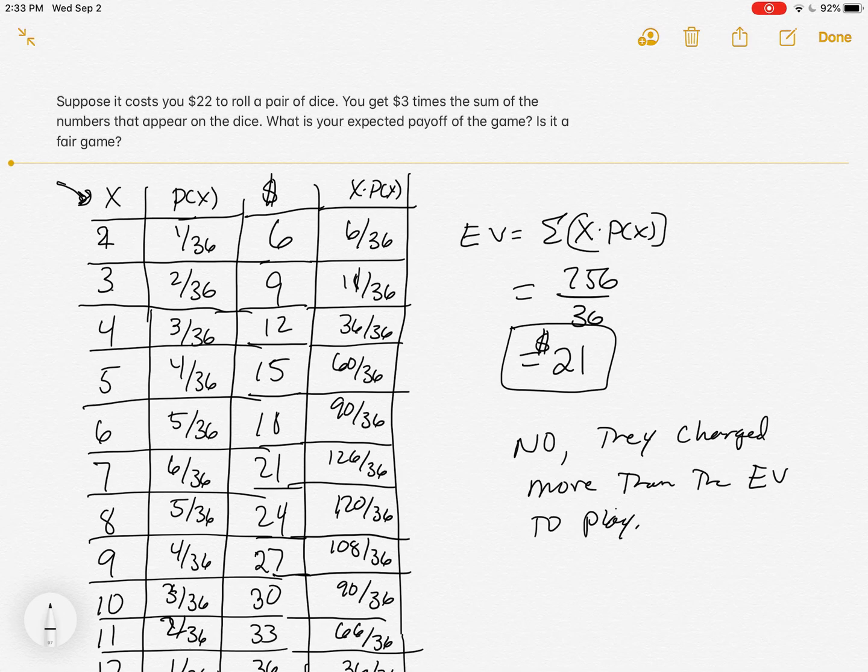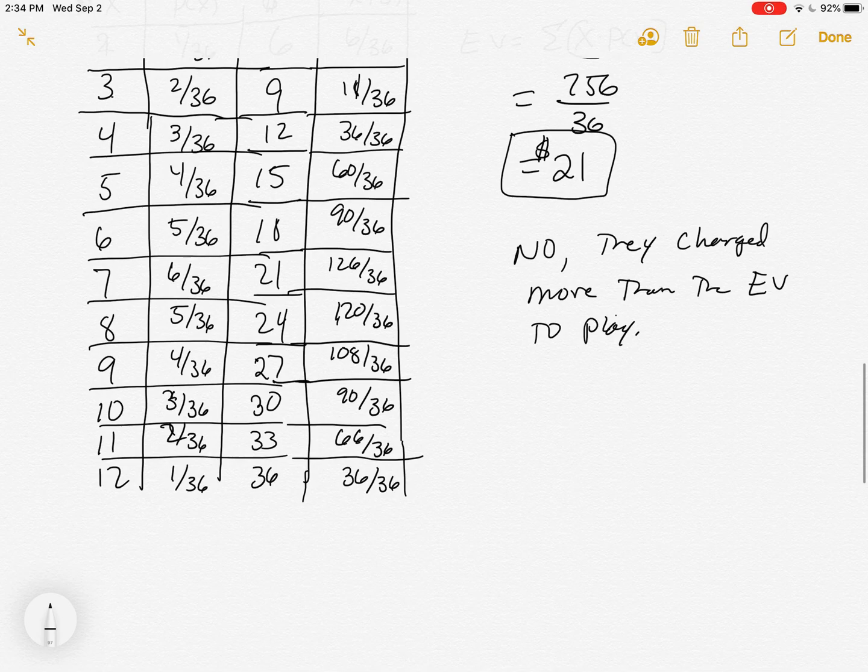They will always make it so that they make a profit. And so what you can find is that they're making $1 profit every time this game's being played. There's lots of winners, there's lots of losers, and in the end, the way that they're paying off, they'll make $1 per every time somebody plays this game. So if they want to make more, they charge more. If they want to break even, or if you try to make it a fair game, then it should only cost you $21 to play.